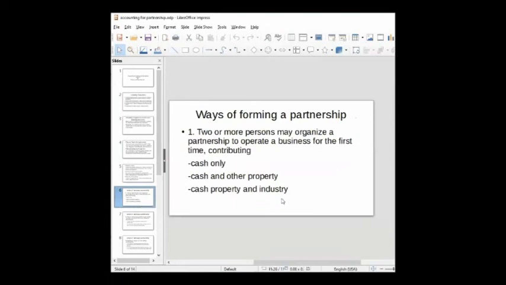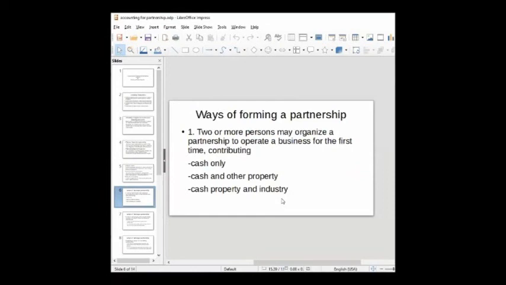There are different ways of forming a partnership. One is two or more persons may organize a partnership to operate a business for the first time, and they contribute cash, or they contribute cash and other property, or they contribute cash, property, and industry.